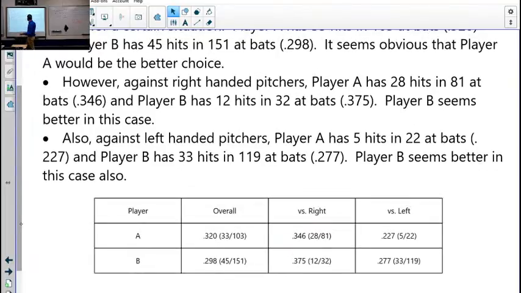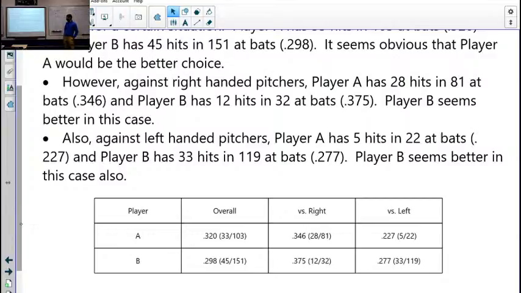Take a look at some of these percentages. These are the players, and I want you to think about maybe you're going against a team that's going to have a starting pitcher that's a lefty, but their relief pitcher's a righty.